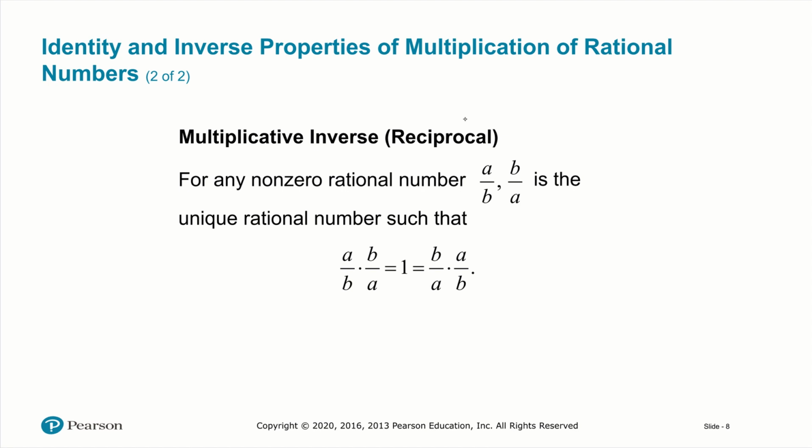So for example, if I have 3/4 and I want to get to 1, I need to multiply it by its reciprocal, which is 4/3. Now I notice the 3's cancel, the 4's cancel, I end up with 1. They of course all leave 1's, which we usually don't write, but we can write if we like, okay? So that is very important because it'll help us solve equations later on.